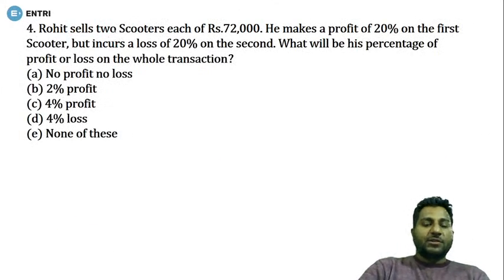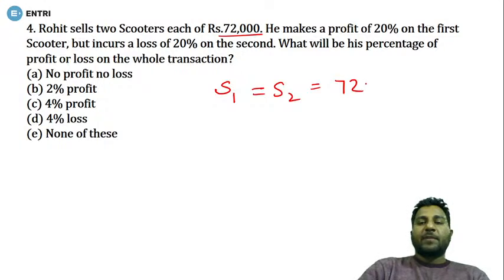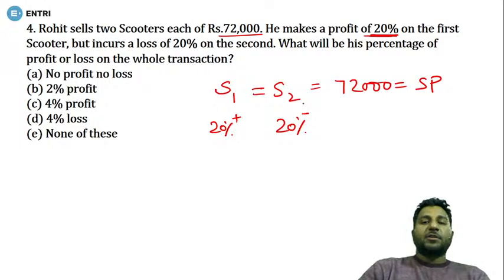Rohit sells two scooters, each at 72,000. So scooter 1 and scooter 2 both have the selling price 72,000. He makes a profit of 20% on the first, but incurs a loss of 20% on the second.